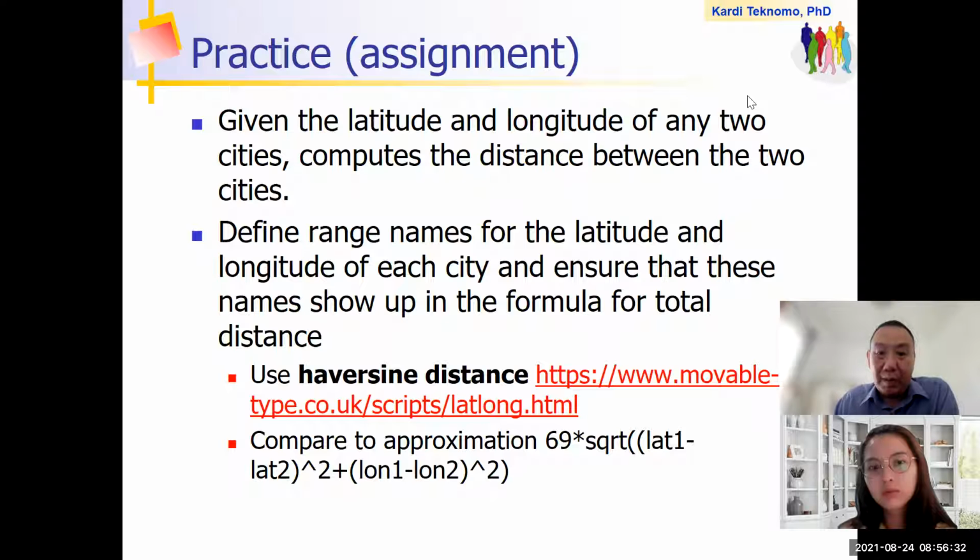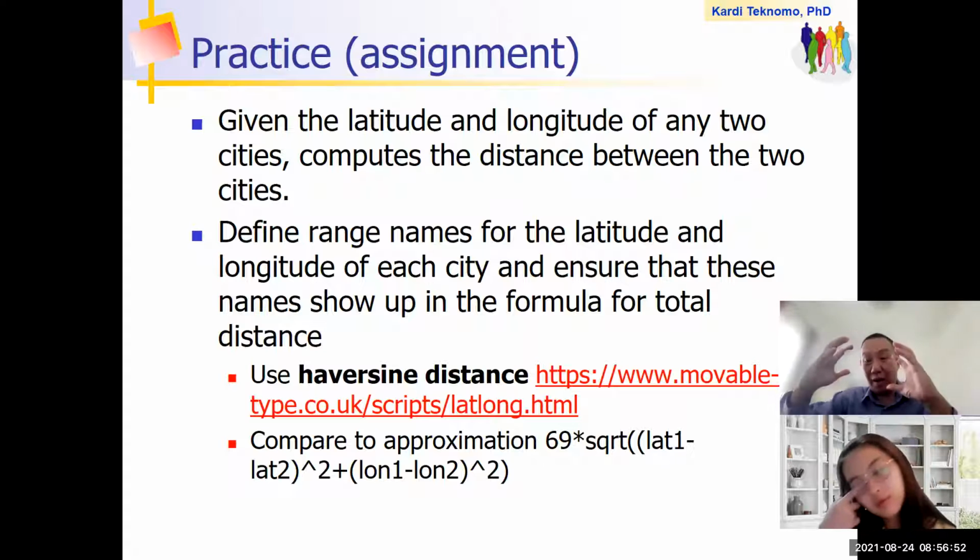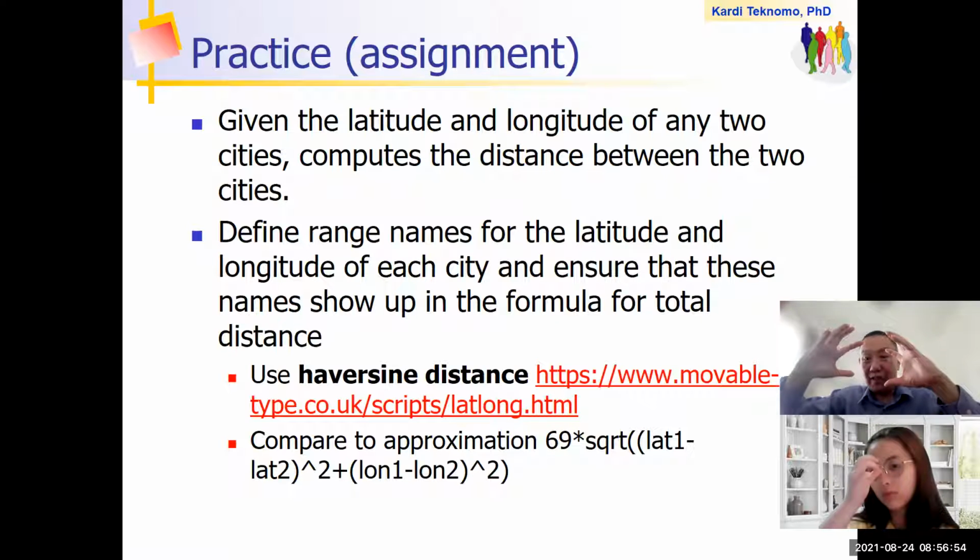Of course, to calculate distance, you will say distance is supposed to be the square root of (latitude 1 minus latitude 2) squared plus (longitude 1 minus longitude 2) squared, right? But remember, this is latitude and longitude, so the distance is on the surface of the Earth.